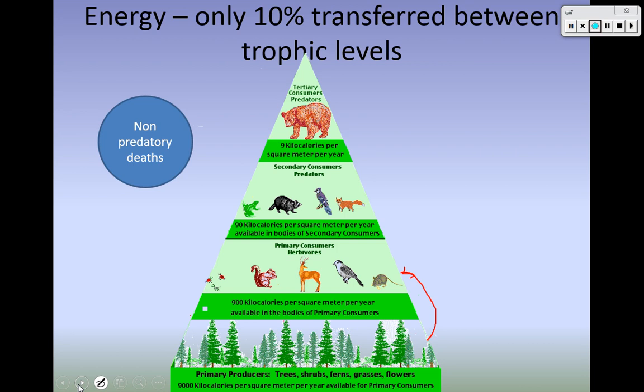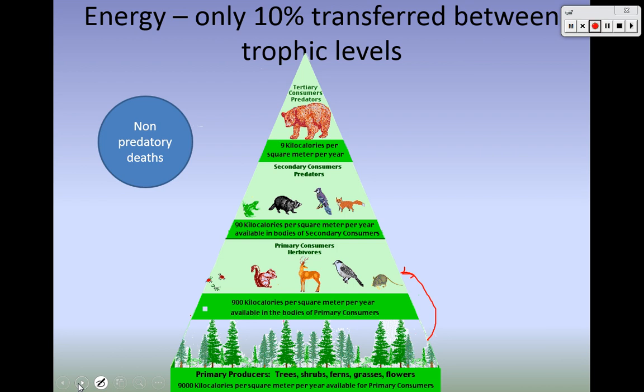Or they're even maybe finishing some of the predatory deaths that weren't fully eaten. So if a wolf brings down a deer, let's say, and eats 80% of that deer, well, who eats the other 20%? That would be the decomposers. That energy is not going up the trophic pyramid from deer to wolf.